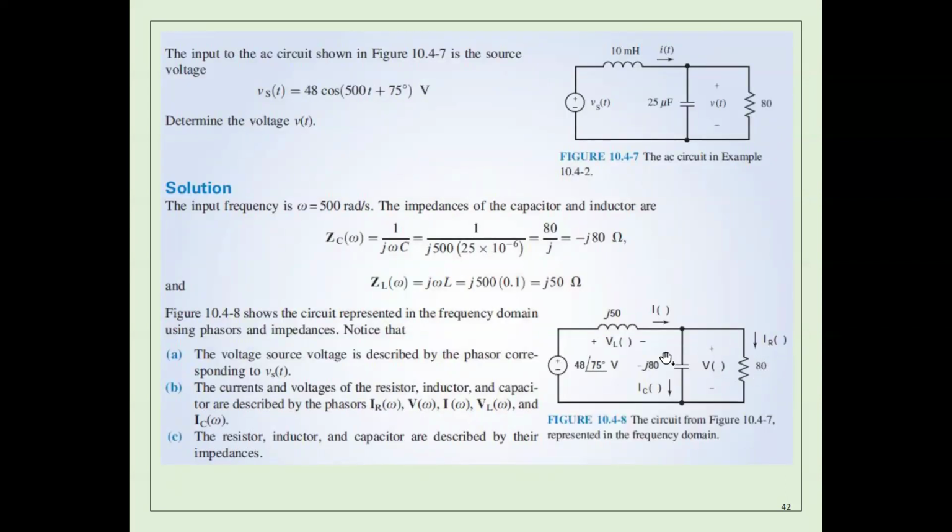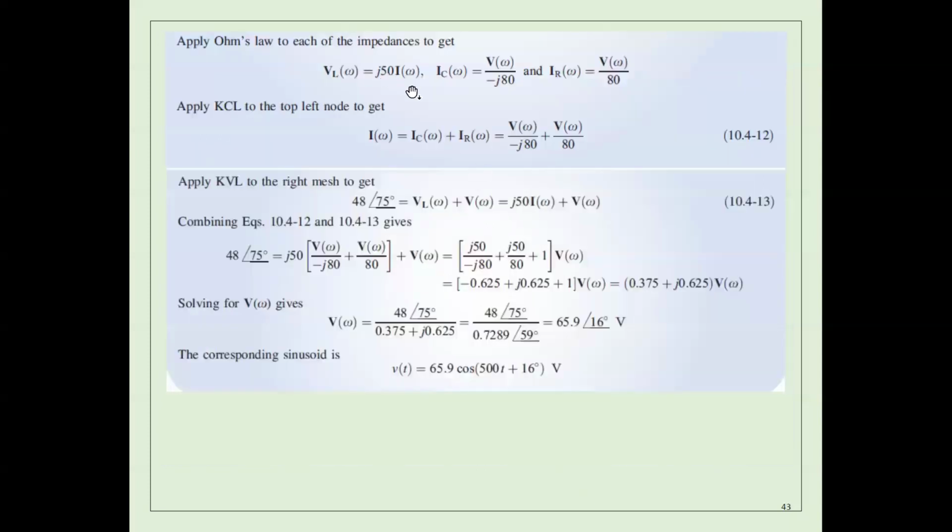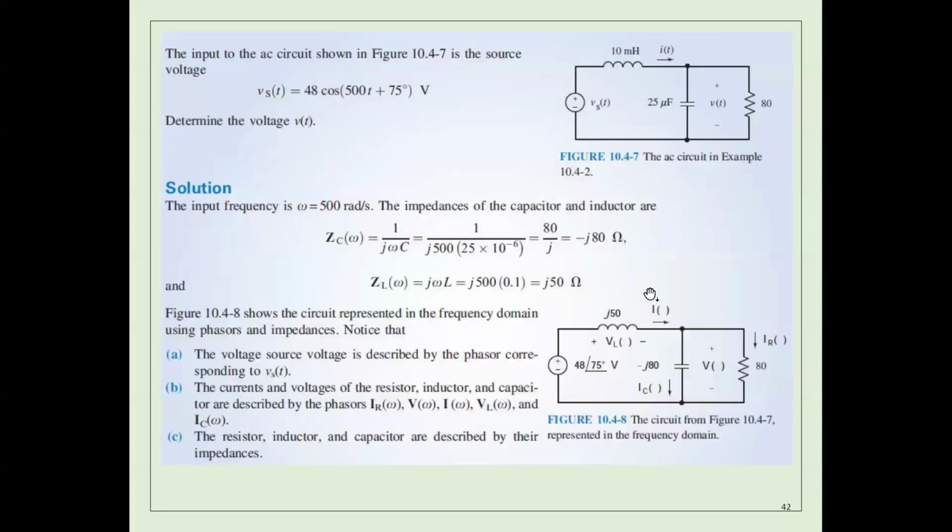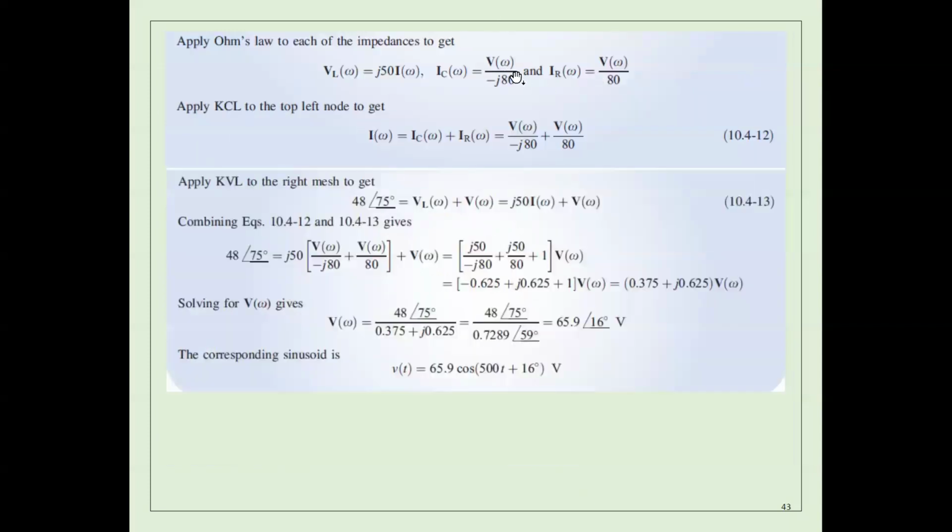So what I did right now, guys, I calculated this current as a function of VL, and then I found this current as the voltage divided by this impedance. That's what I did with these two.